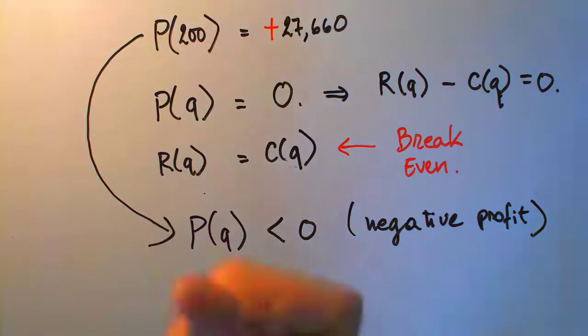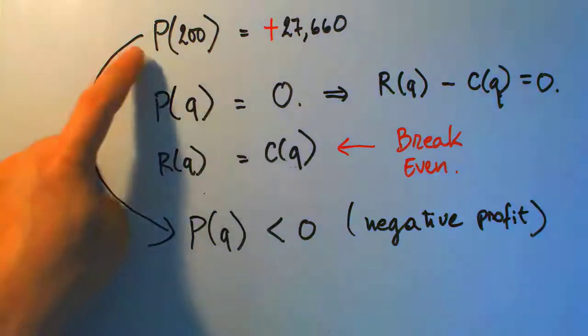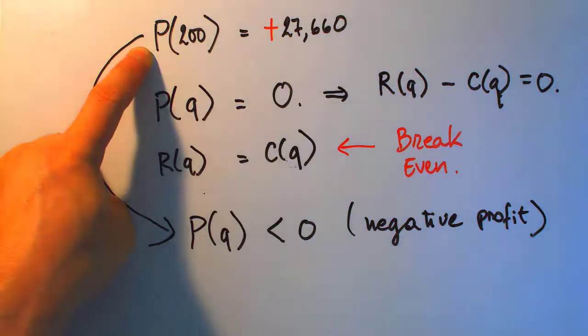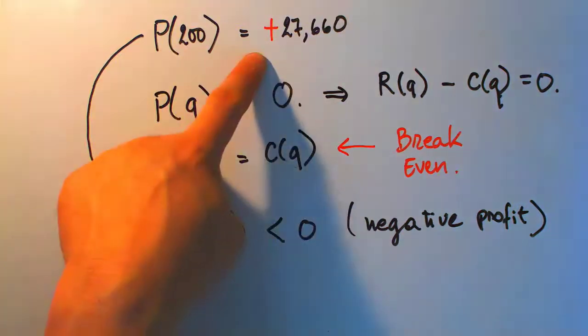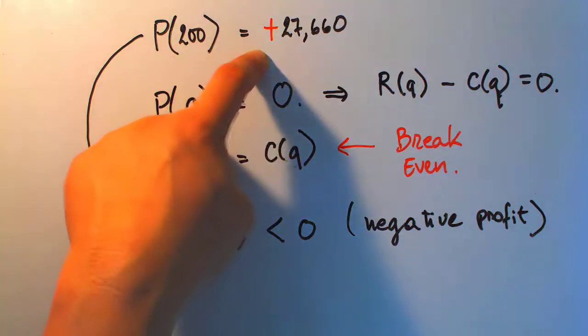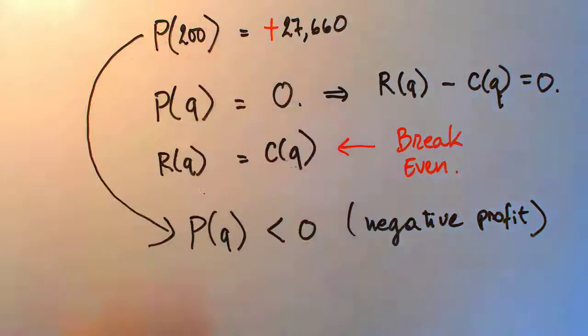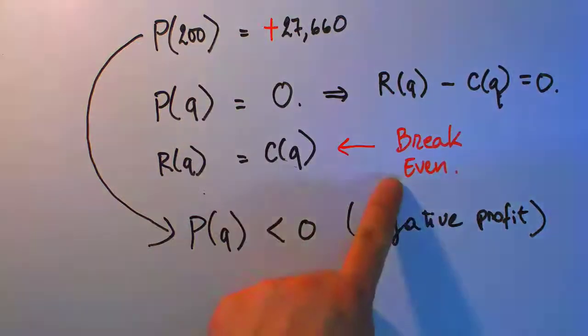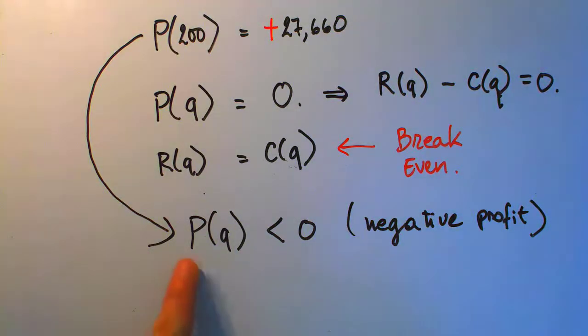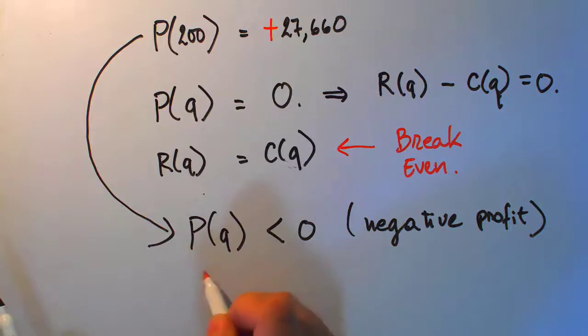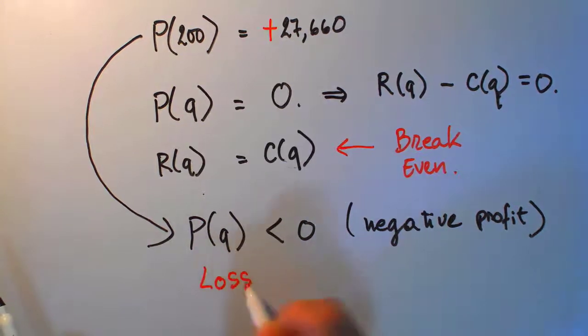Now, a successful business strategy's whole aim is getting positive profits, and to the point of even more and more positive. But an unsuccessful or failed business plan is when you end up with a break even or a negative profit. And negative profit is when the term profit turns into loss.